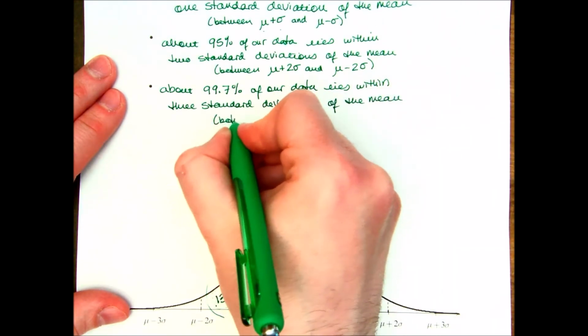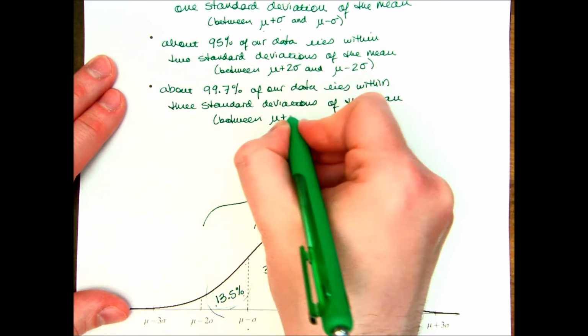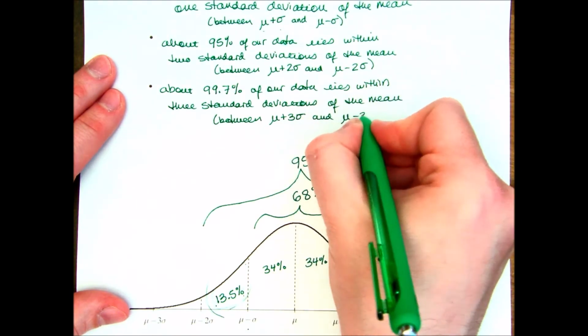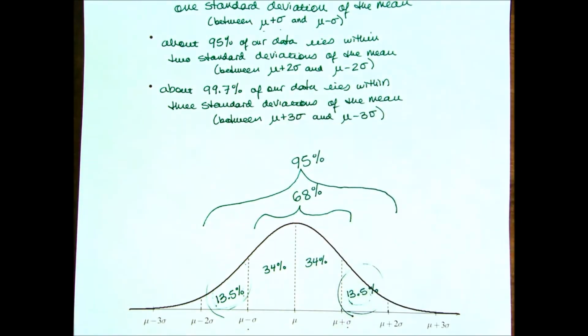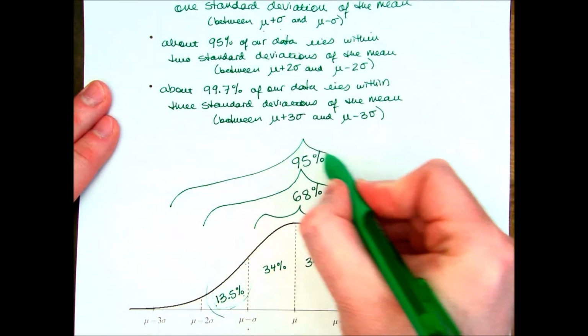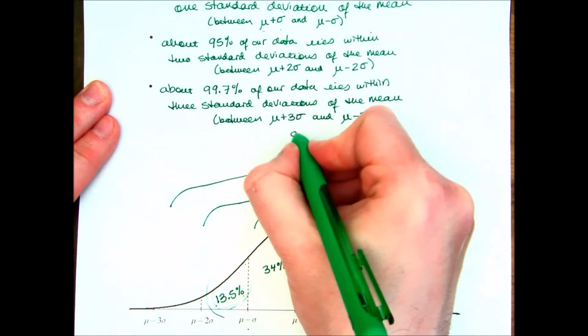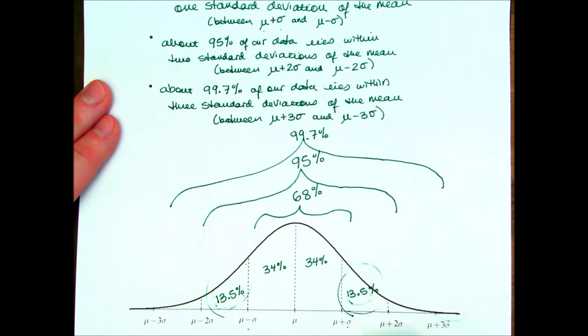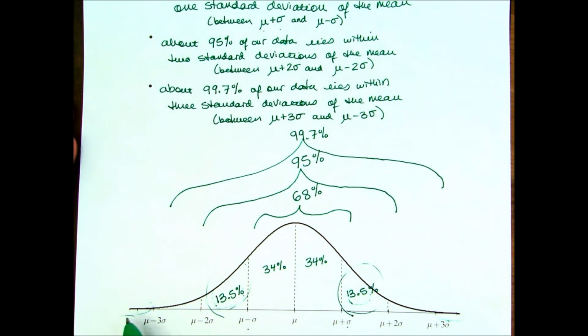So between mu plus 3 sigma and mu minus 3 sigma. So from there to about there, 99.7% of the data, not absolutely everything, because there's still a little more data over here and over there, very small. If the average height of men is 5 foot 10 inches, there's some people who are very, very tall and some people very, very short who'd be in those tails that we're not considering right now.